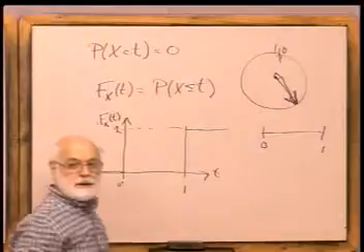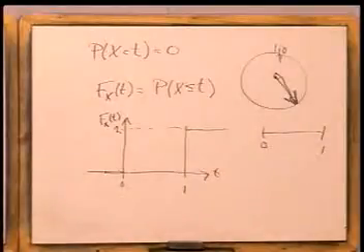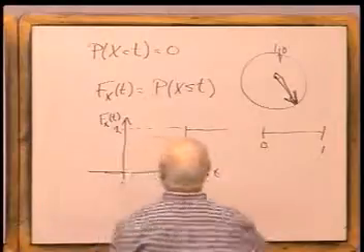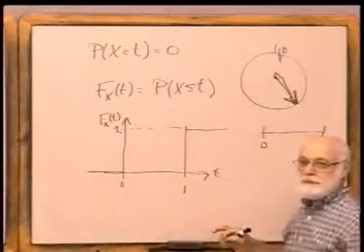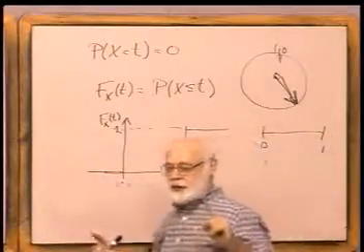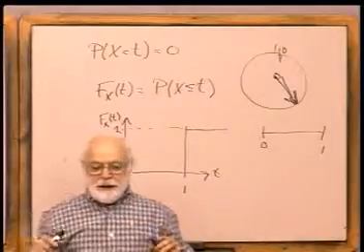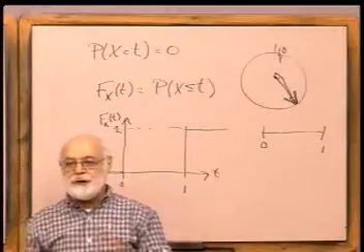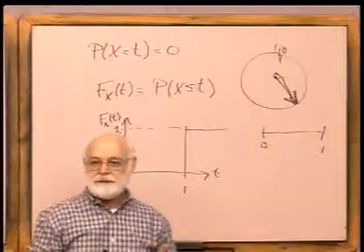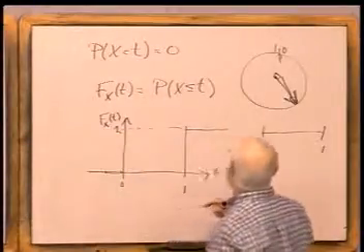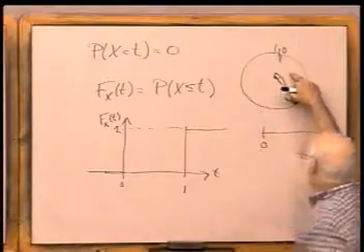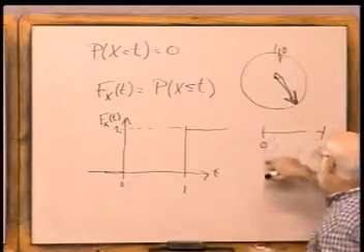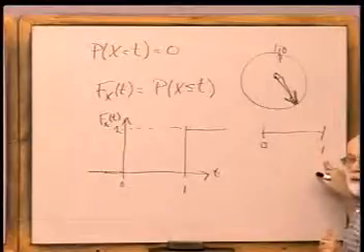But you just said the probability that x takes any specific value is 0. That's right. Then you say, well, what if it's 0.37? That's 0. No, remember what I said. I said that the fact that the probability is 0 does not mean that it cannot occur. So when I have a continuous random variable like this, every time I conduct the experiment, I'm going to get some number between 0 and 1.